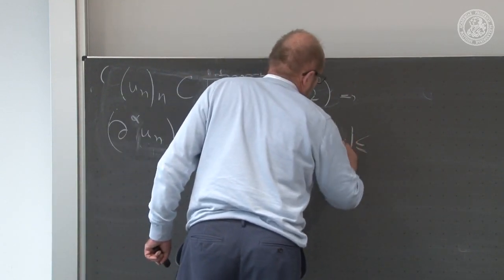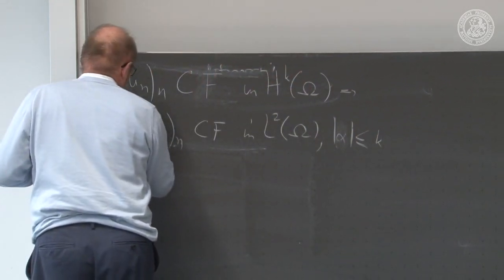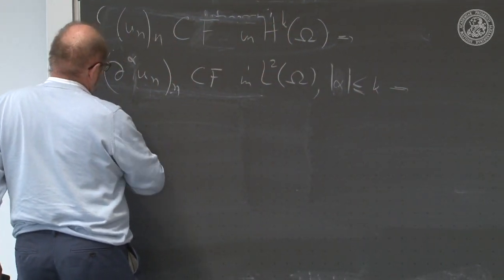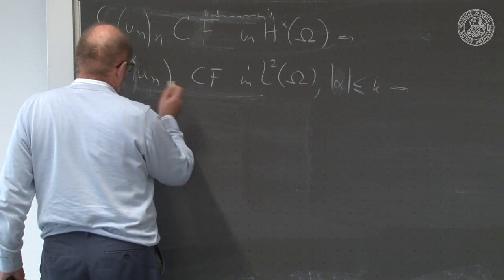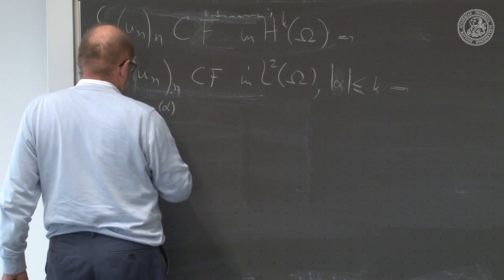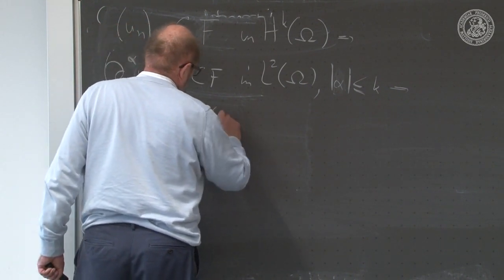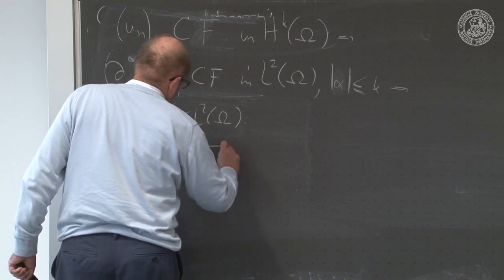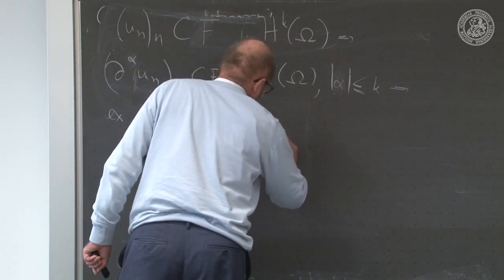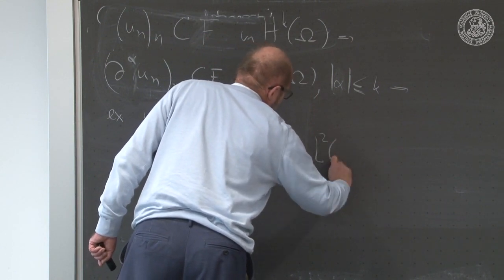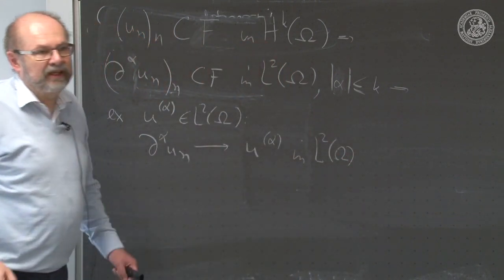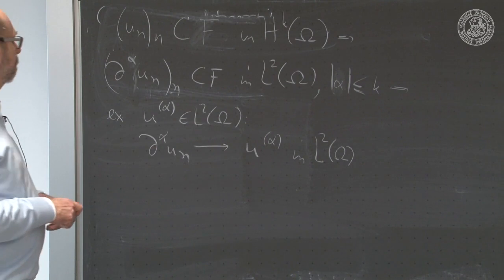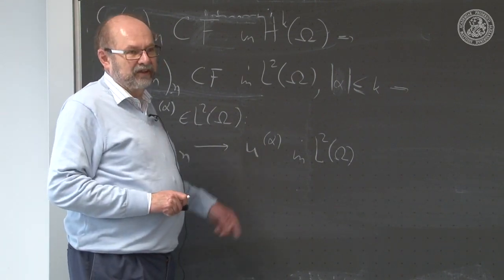And therefore, by this completeness, there exists something like u_alpha from L2 such that this sequence converges to u_alpha in L2. So what do I have to know now so that everything is okay? What do I have to know about those functions here?